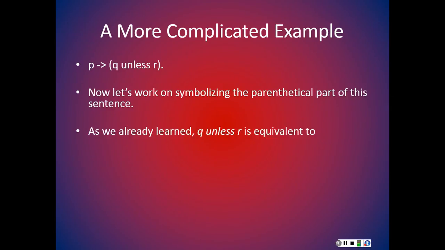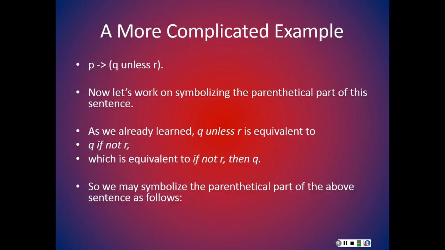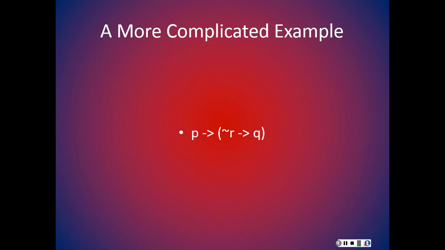As we've already learned, Q unless R is equivalent to Q if not R, which is also equivalent to if not R, then Q. So we may symbolize the parenthetical part of the above sentence as follows: if not R, then Q. Okay, if we put that all together, we get this: P arrow parentheses not R arrow Q close parentheses. And that is our symbolization of that more complicated sentence.